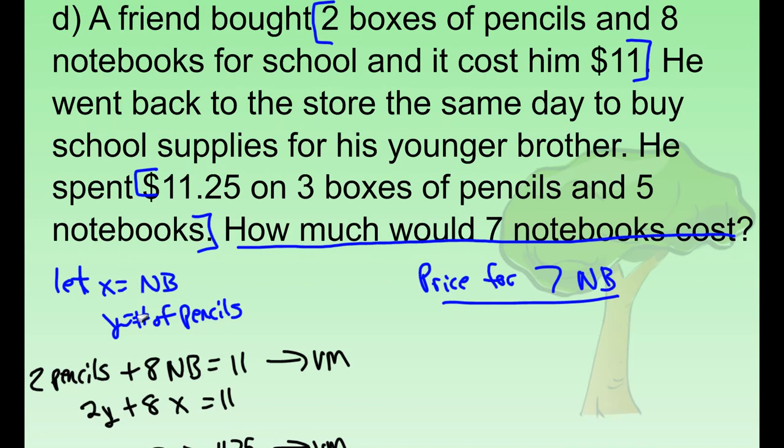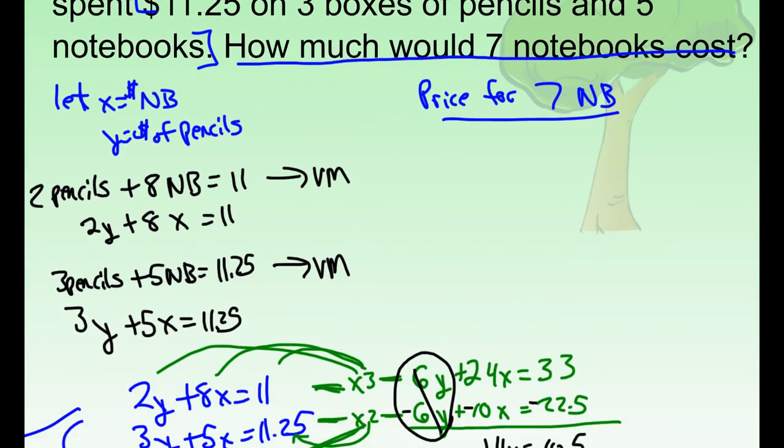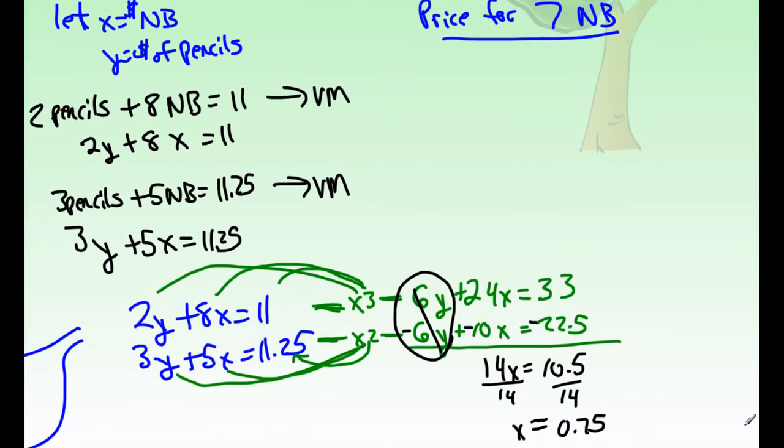This is actually going to be the price, or how much they cost. The price of the pencils. So 2 pencils times the price of the pencils, and 8 notebooks times the price of the notebooks would be $11. Okay, so I've now found the price of the notebooks, the x, is 0.75.